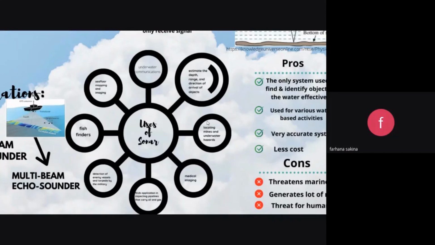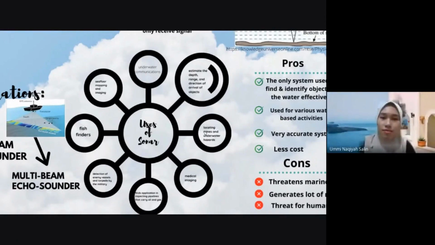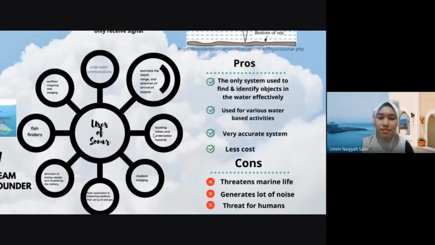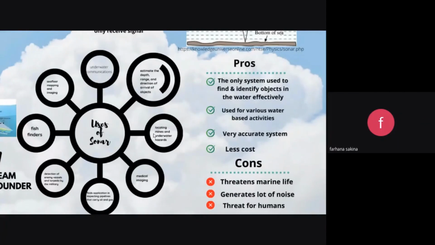There are pros and cons of this sonar. Sonar is the only system that is used to find and identify objects in the water effectively. It is because the sound wave travels further.